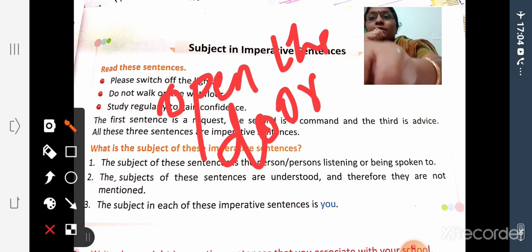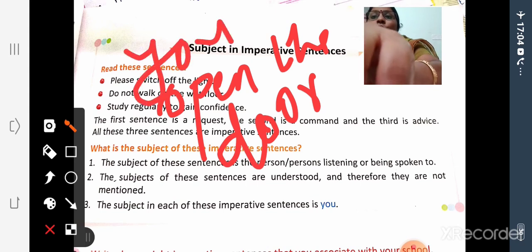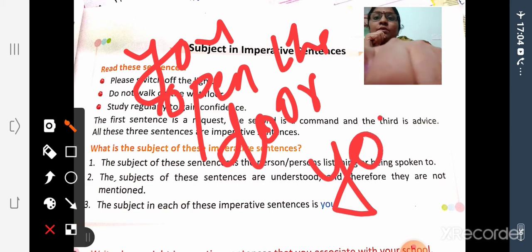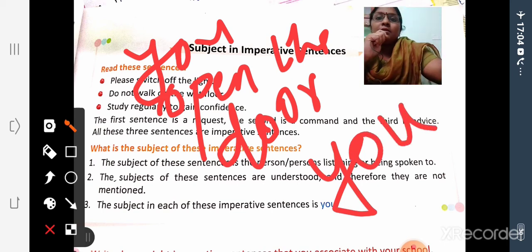So in imperative sentences, you open the door. The subject in an imperative sentence is always you, which is implied, understood, but not mentioned directly.